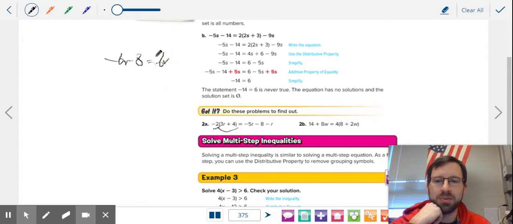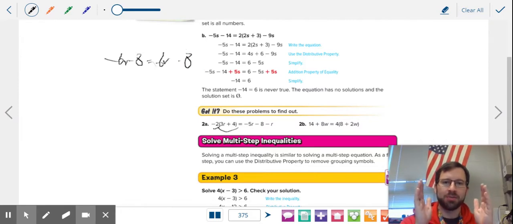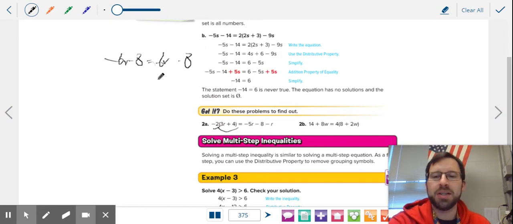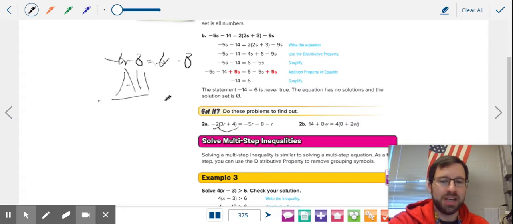If you notice, the variables are the same, negative 6r's on both sides, and negative 8. So both sides of the equation are identical. When this happens, no matter what number you put in here, it's going to be equal. This is called all solutions. Any number you put in there, doesn't matter what, fraction, decimal, positive, negative, it's going to work.